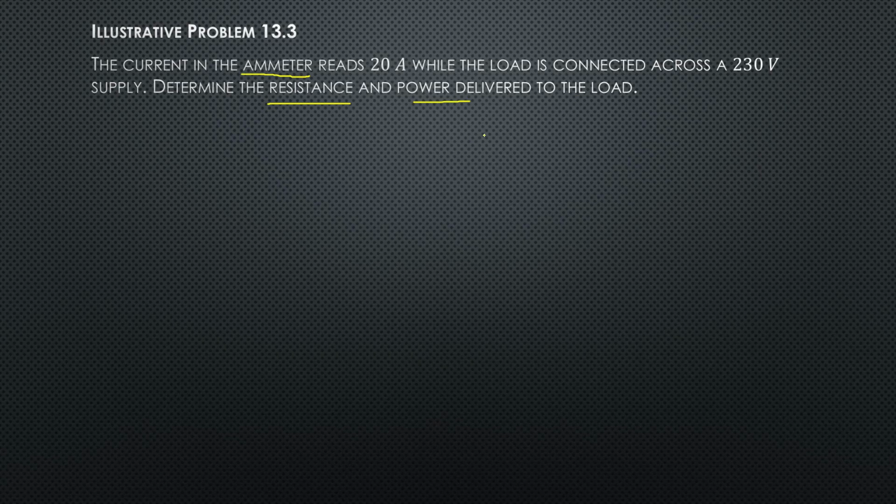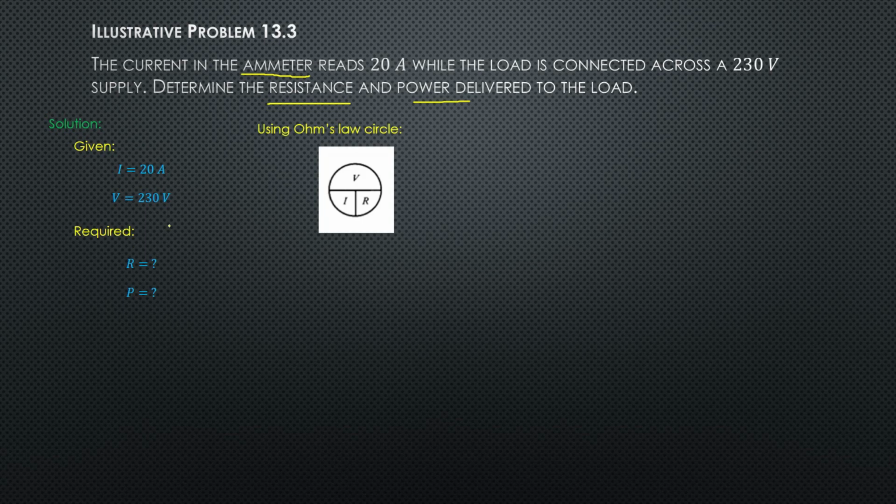The given are current and voltage, so the unknown values are resistance and power. You can solve for resistance using Ohm's law circle.